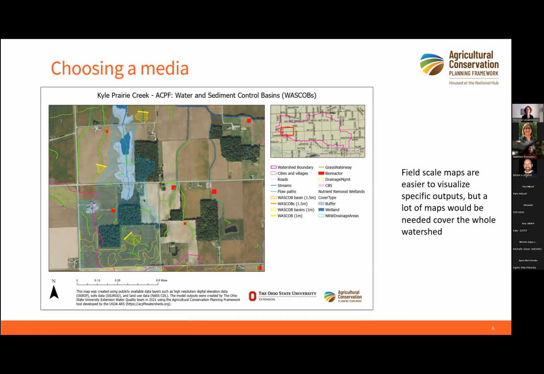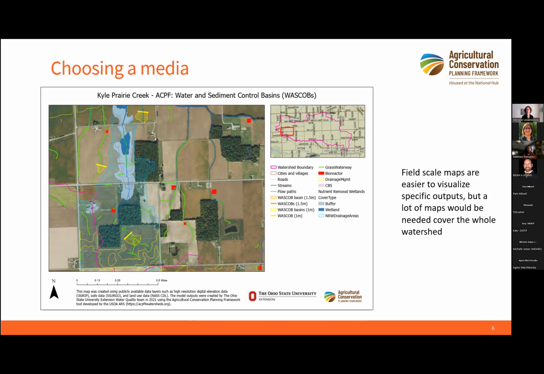So we're just looking at that small area, zoomed into a handful of fields. This can be a really useful way to make maps if you have a producer in that area where maybe one or two families are responsible for farming the whole number of fields in that area. You could do some zoomed-in maps, and this would be really appropriate just to go out and share with a couple of landowners in that area.